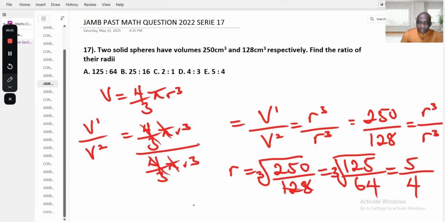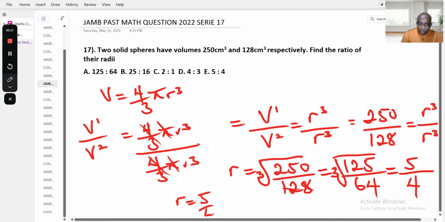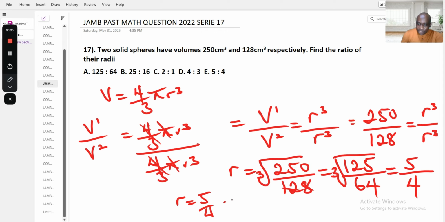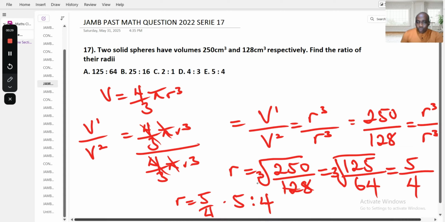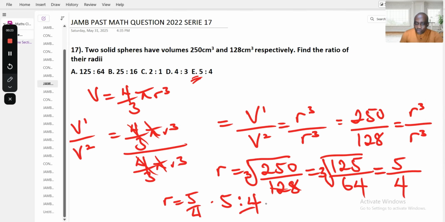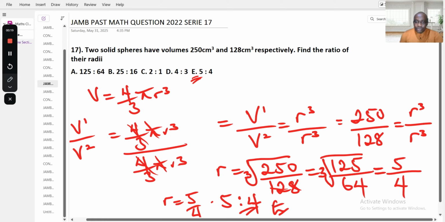Now, the radius of the 2, based on what the question says, is 5 over 4, or we can write it as radius 5 and 4. Do we have 5 and 4 here? Yes. Our final answer is E. Let's move to the next question.